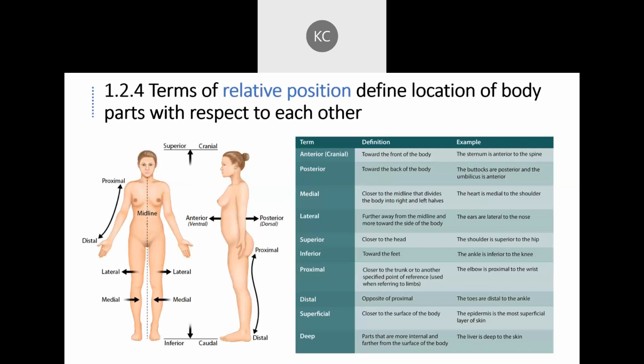And again, remember, it's in the context of anatomical position. Okay, so superior, inferior, medial, lateral, anterior, posterior, midline, all these different things. Okay, so you can see the descriptions and the definitions of what these are, and then examples of them. Okay, and so we'll look at some of these in just a little bit.